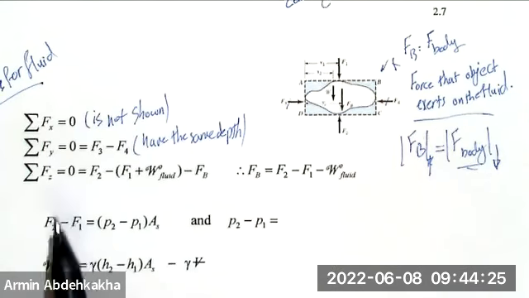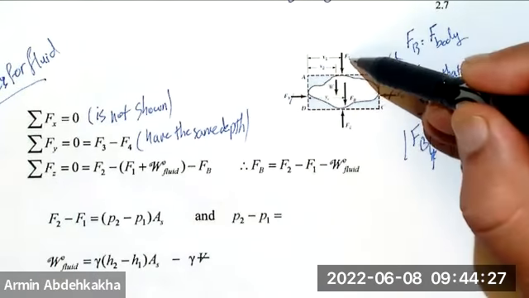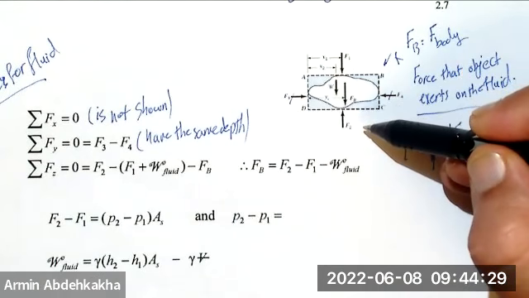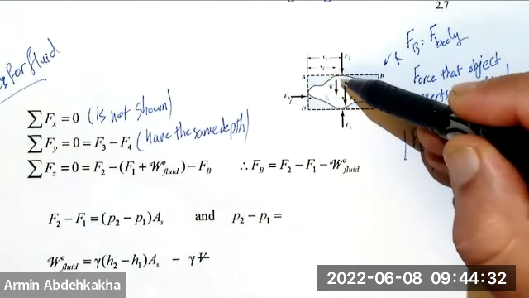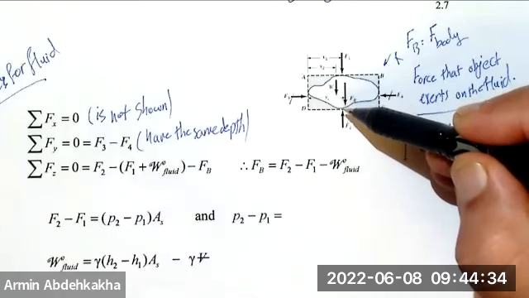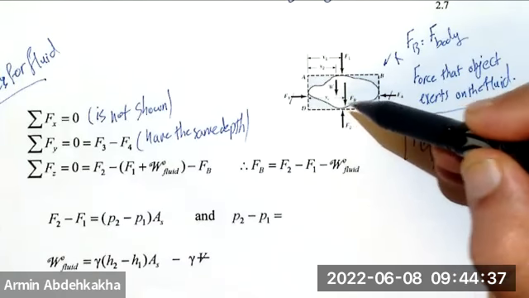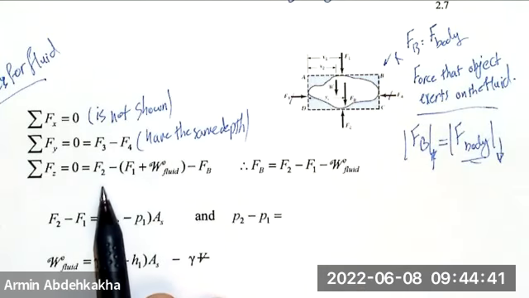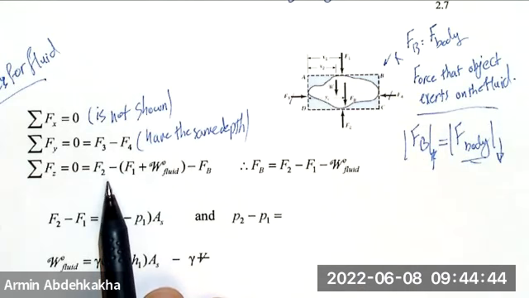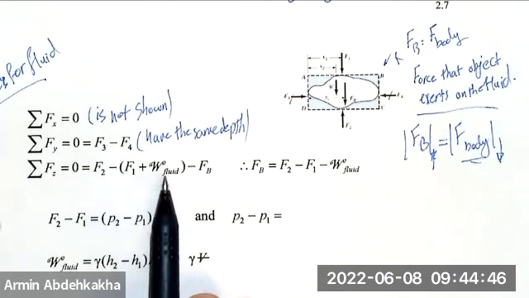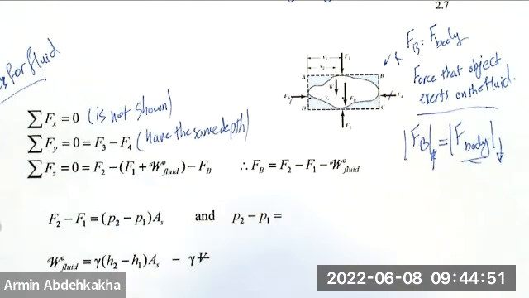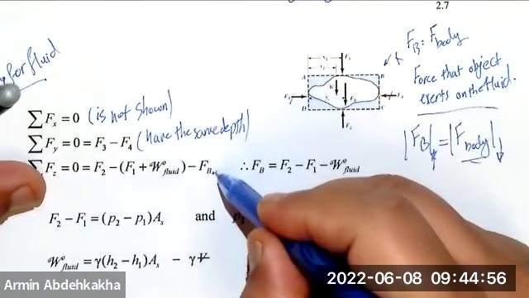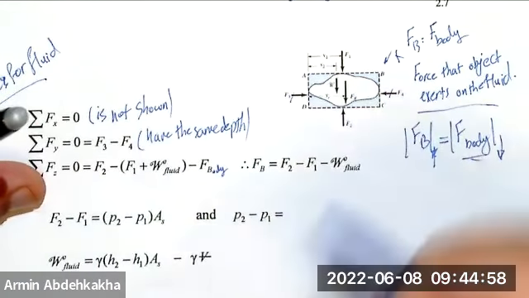So in the Z direction, you have one force at top, F2 at bottom, the weight of the fluid, and the force that the object exerts on the fluid, right? F2 is the only one that is upward, and F1, W fluid, and F body are downward. I'm writing body here again to make sure this is the body one.